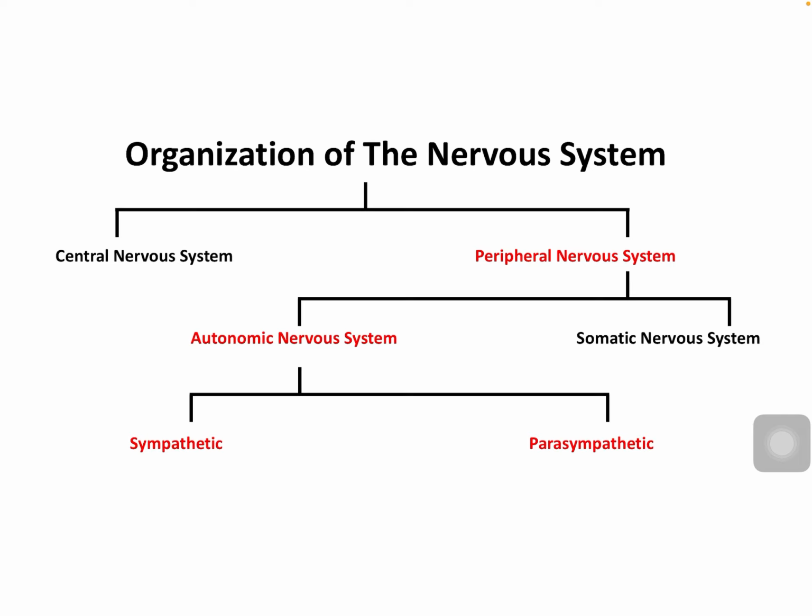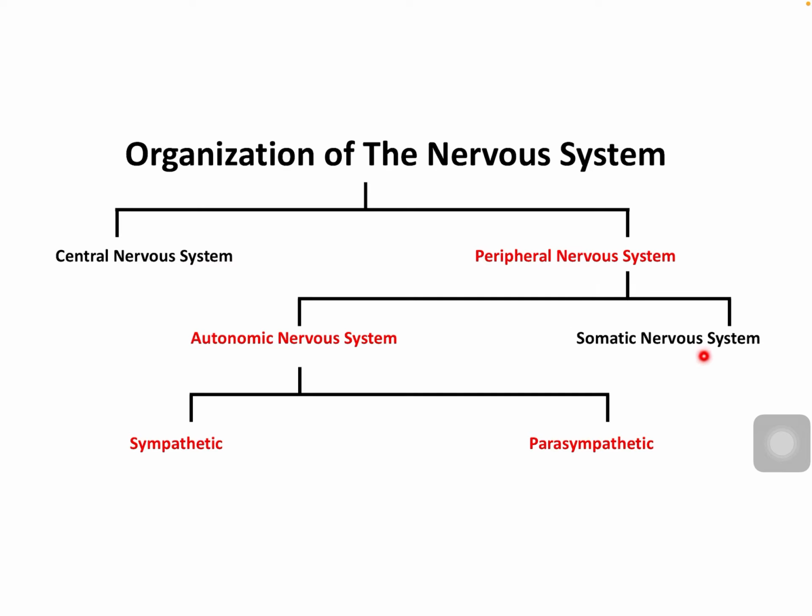The autonomic nervous system is again divided into two main parts, and nowadays modern textbooks also consider a third part, the enteric nervous system. But the main two divisions of the autonomic nervous system are the sympathetic and the parasympathetic nervous system. This is our basic organization of the nervous system: CNS, PNS, ANS, and somatic.